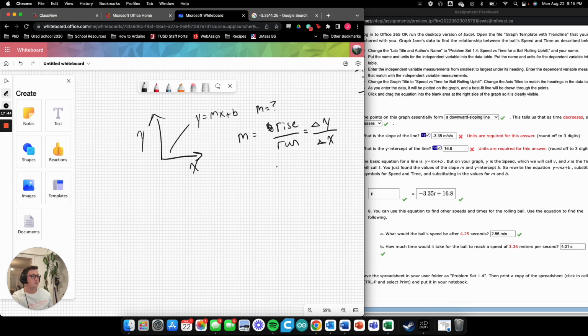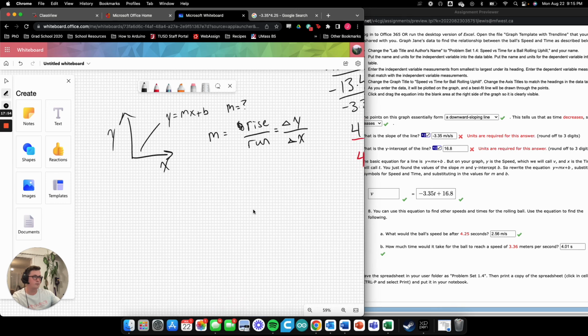Okay, so our y values in this case were measured in meters per second. Our x values were measured in seconds. So when we take y divided by x, we get meters per second divided by seconds, or meters per second per second.